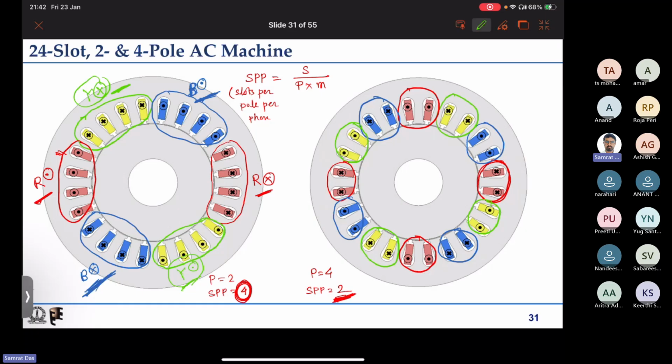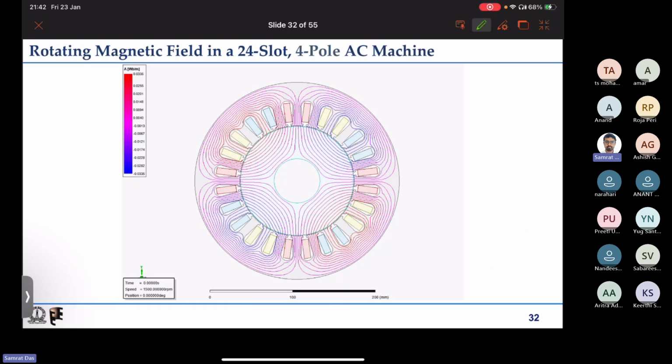So let us see if we excite it with the same sinusoidal excitation. The first thing we can clearly see is that it is having four poles. That is very clear to us. We are going to look at it at different locations.